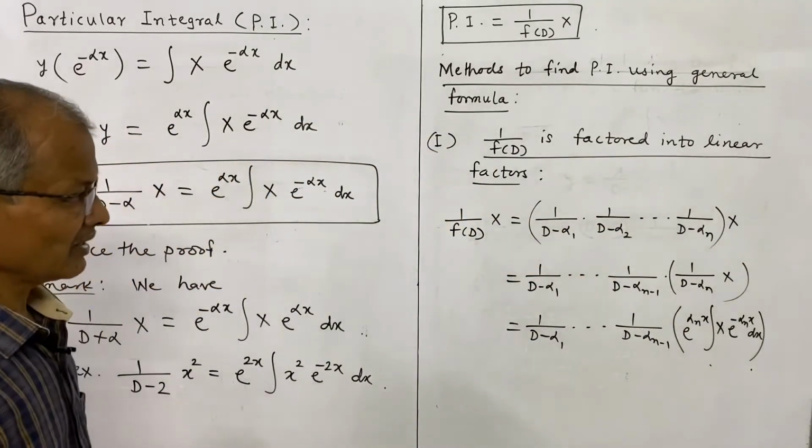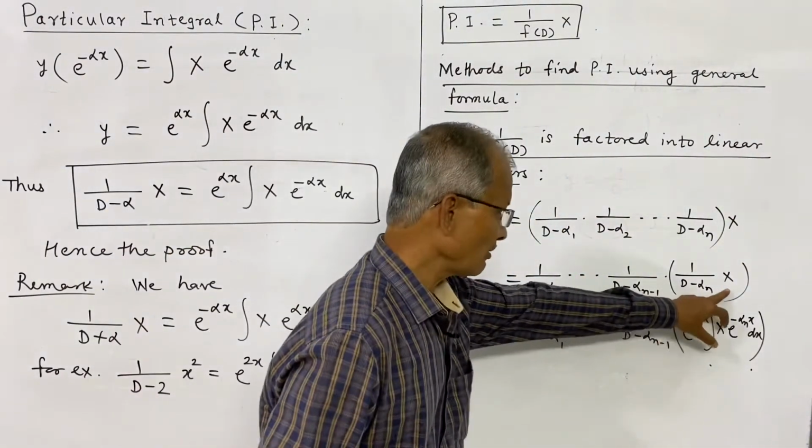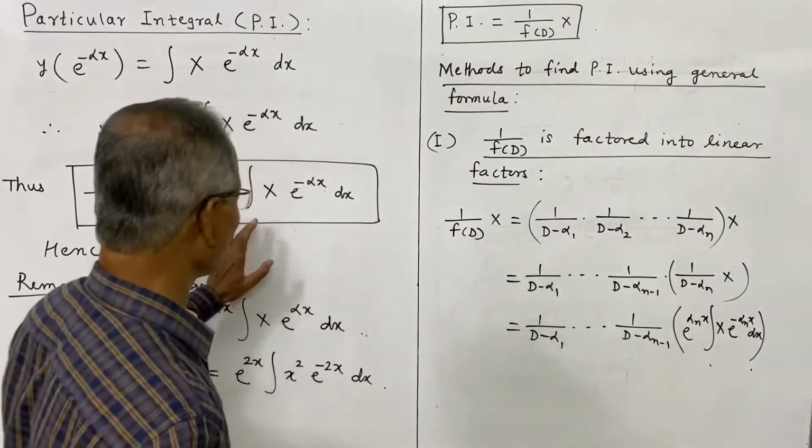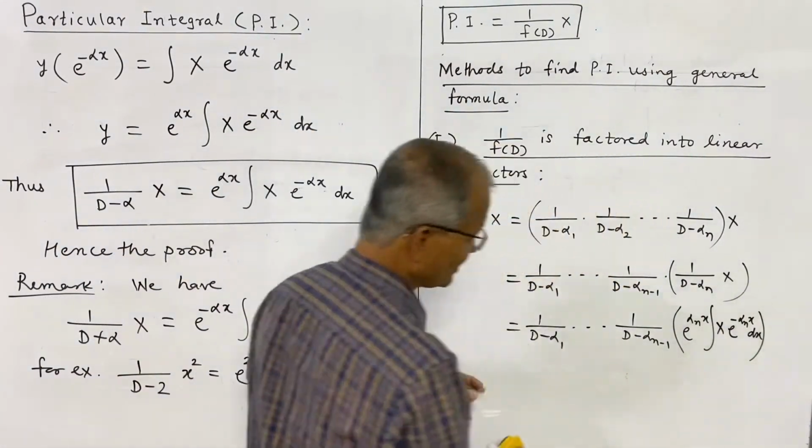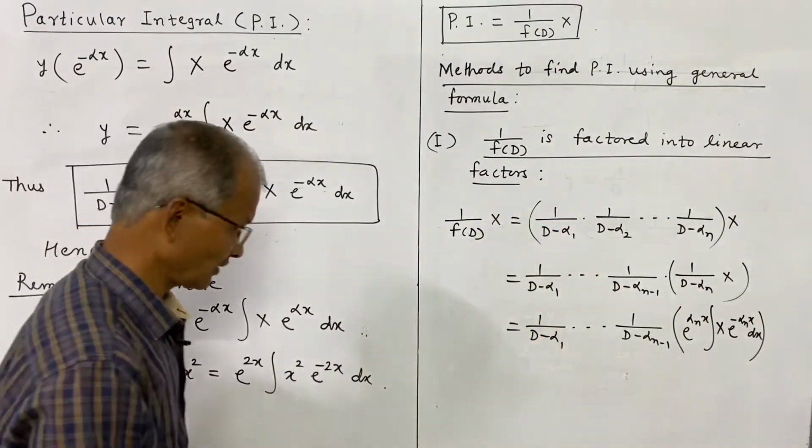So this will be the last operated on X using this formula, and in this way operating these factors from the right in succession.